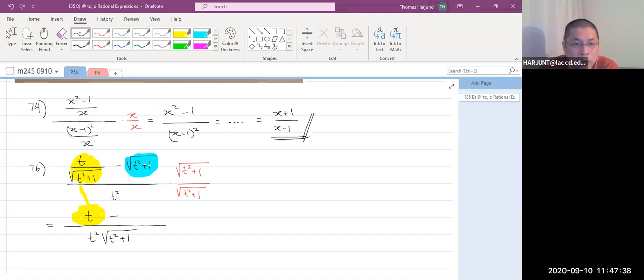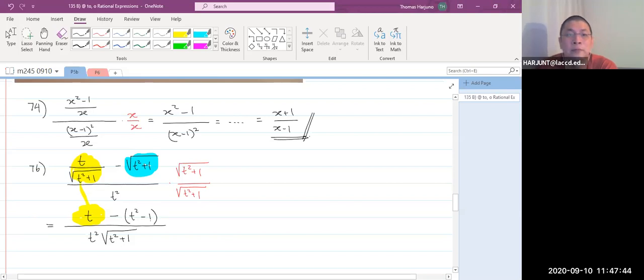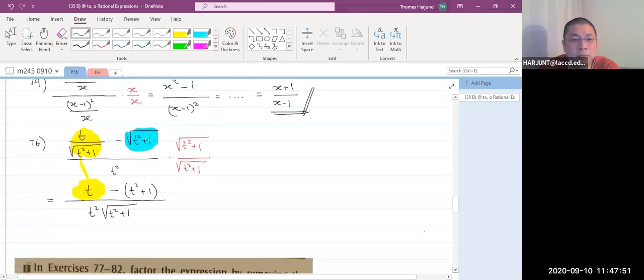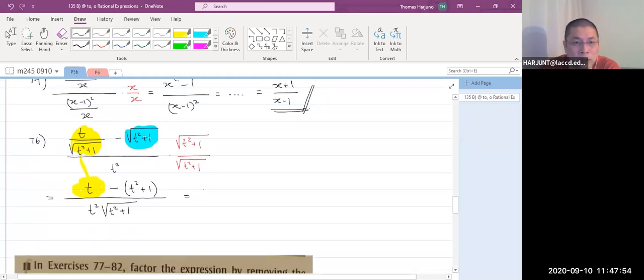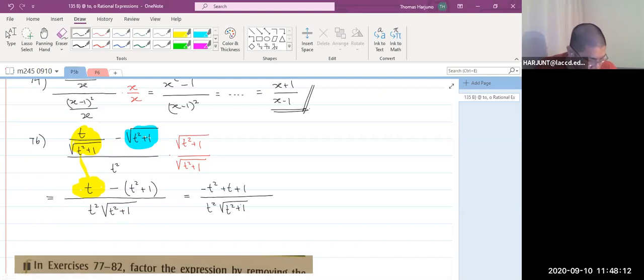But don't forget it is in parentheses though, especially because you have subtraction right in front of that. T squared plus 1. Okay, now then I go on. This is negative t squared plus t plus 1 over t squared square root of t squared plus 1. Okay, but we still have a little issue. We should not have square root at the bottom. And what do we do?